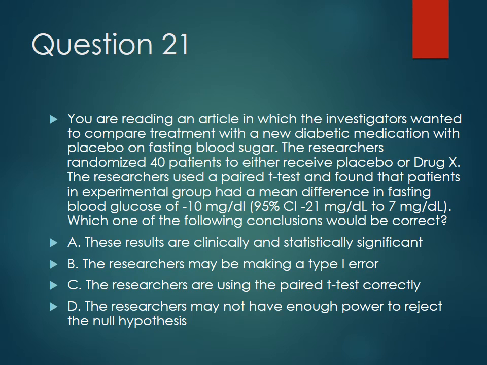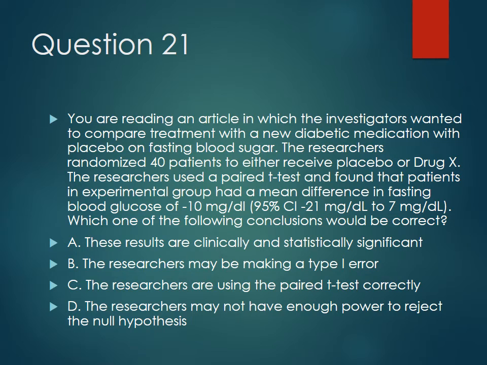Okay, this is going to be an example of a little bit more in-depth, critical-thinking application of our biostats in interpreting the literature. Say we're reading an article in which the investigators wanted to compare treatment with a new diabetic medication with placebo on fasting blood sugar.